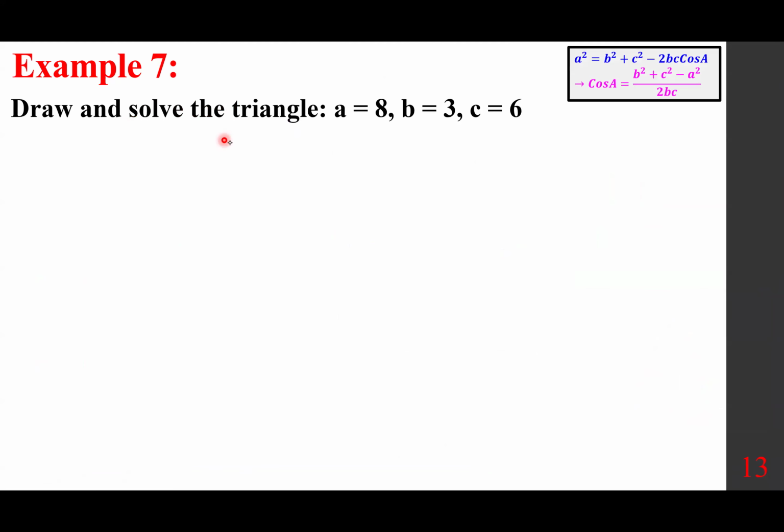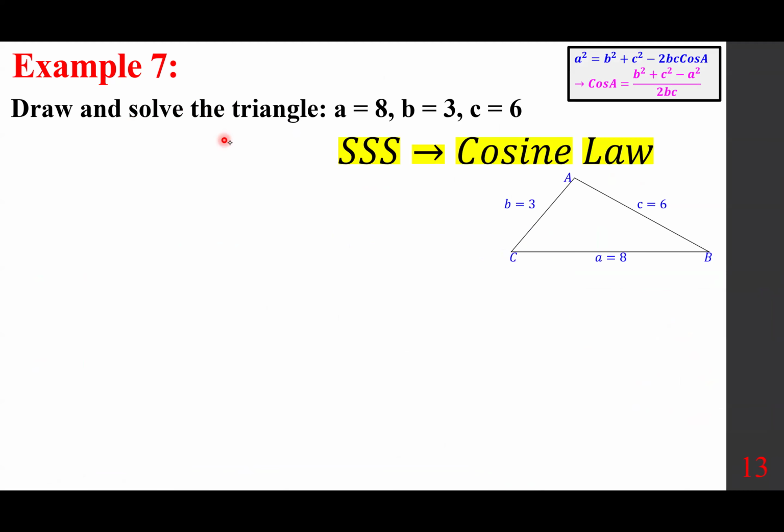Draw and solve the triangle: a is 8, b is 3, and c is 6. So we have all sides, no angle. So just use either this one or that. Remember, this is coming from this one. So cosine A is b squared plus c squared minus a squared over 2bc.